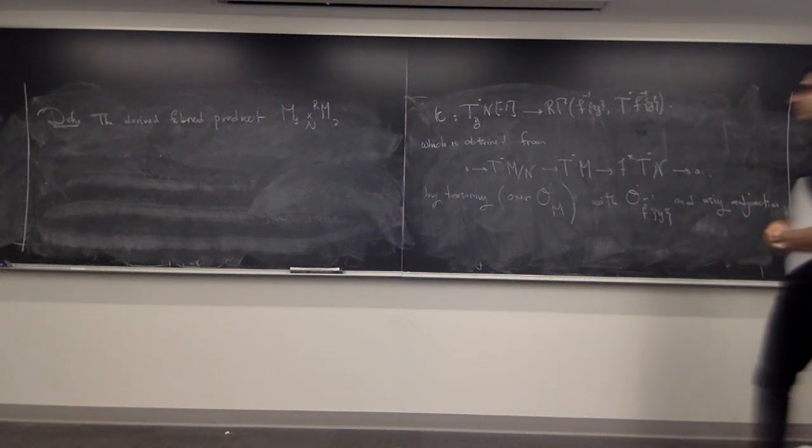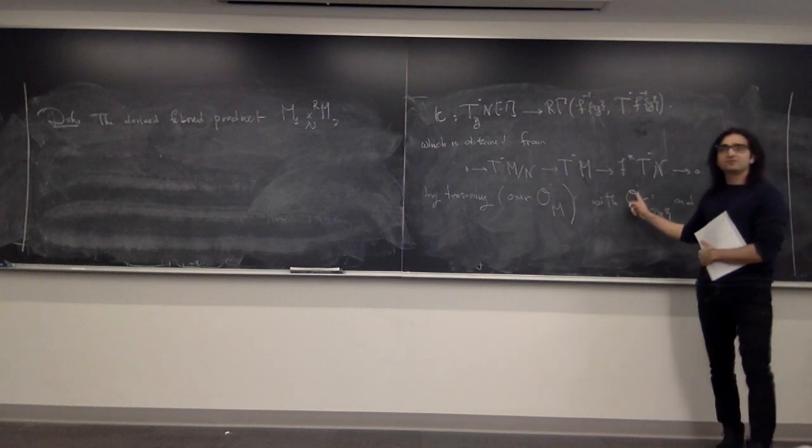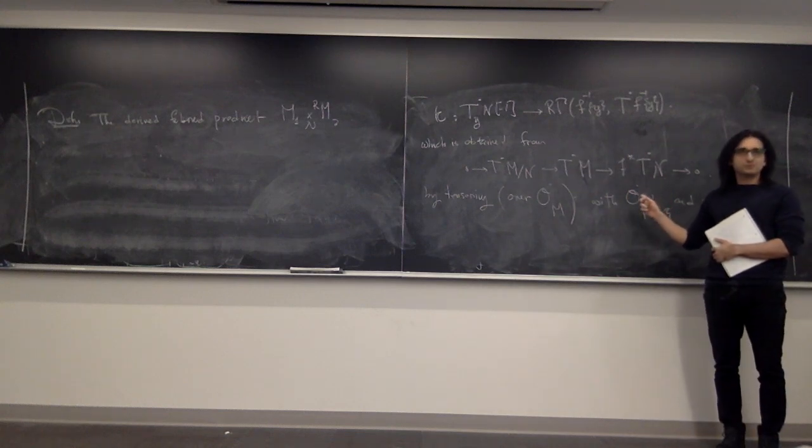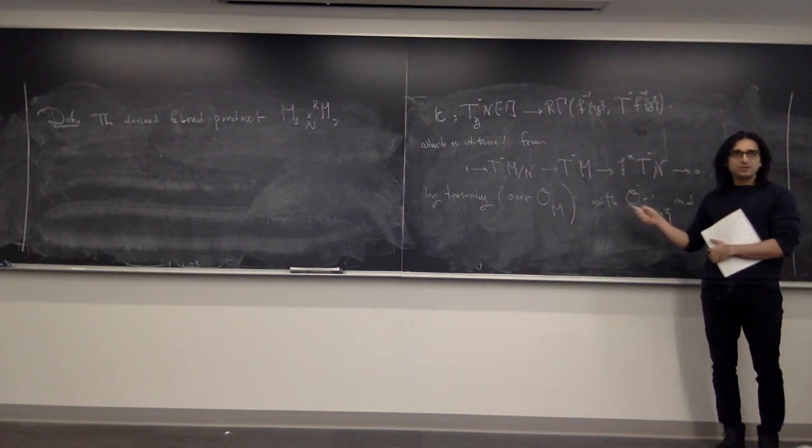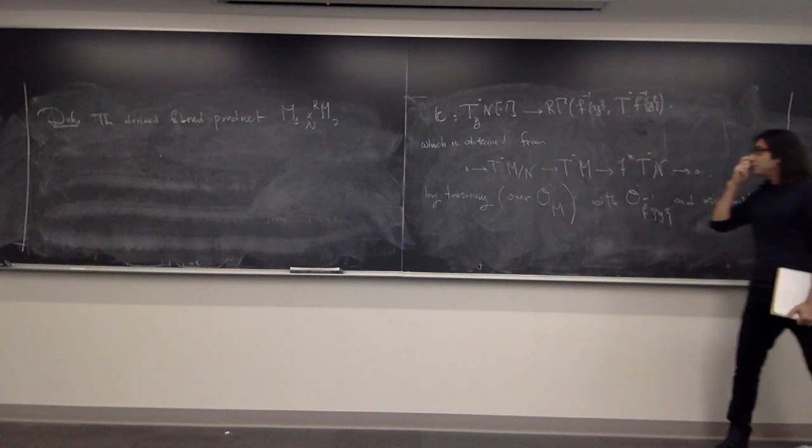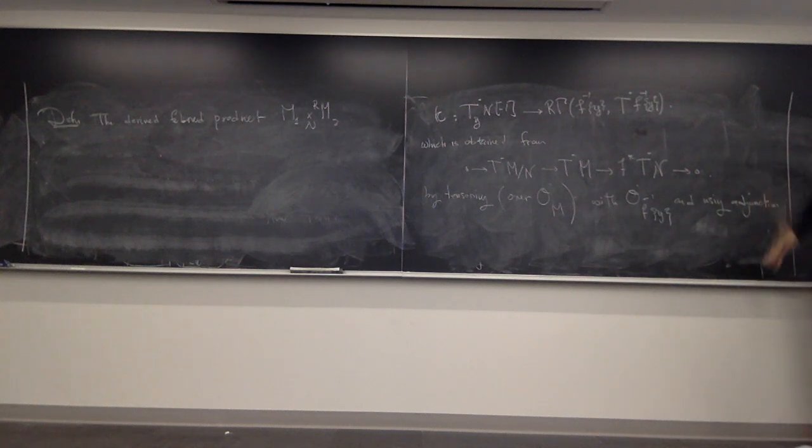How is the derived fiber product defined? Now we know that we have the fiber product of two DG schemes. It is a DG scheme. Its underlying structure is that it has an underlying scheme, which is given by the fiber product of the underlying DG schemes, and then some algebra which you can construct by tensoring the algebra. So what is your guess for the derived fiber product?